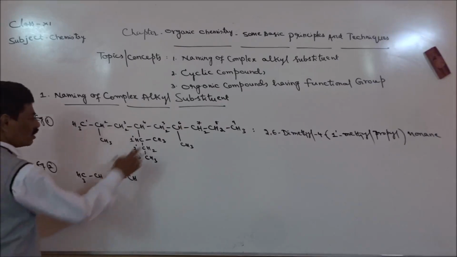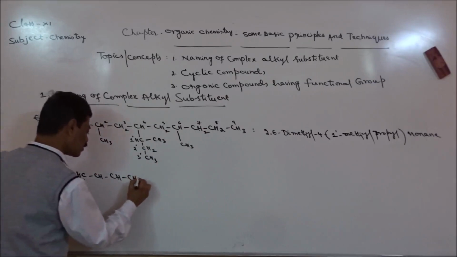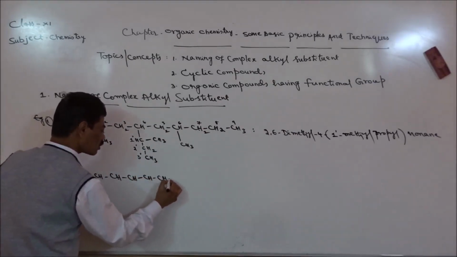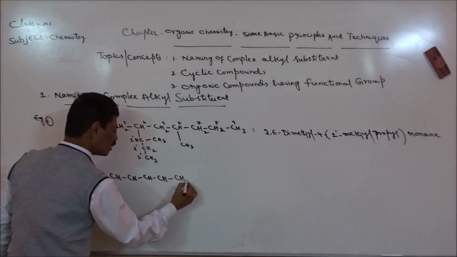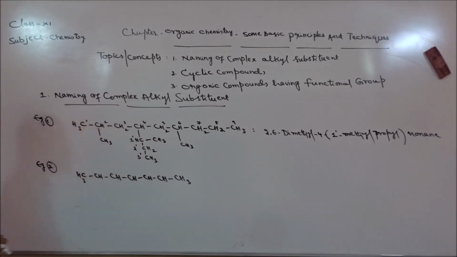Here I have taken a 9 carbon atoms long chain and here 7 carbon atoms. 4, 5, 6, 7. So terminal carbon atoms have 3 hydrogen atoms each, means no hydrogen atom of the terminal carbon atom is substituted.